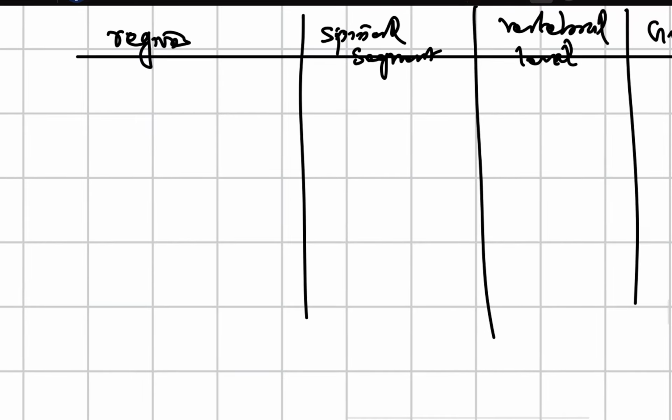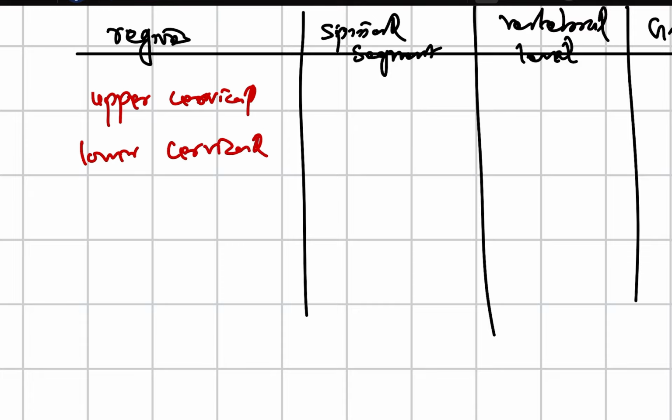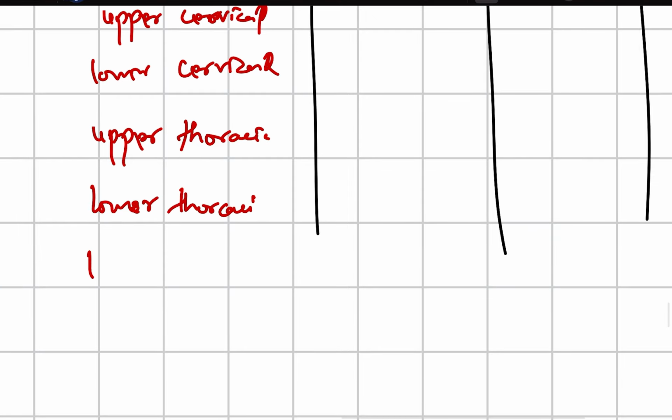So moving on, there is upper cervical, lower cervical, then upper thoracic, lower thoracic, and then lumbar, sacral and coccygeal.